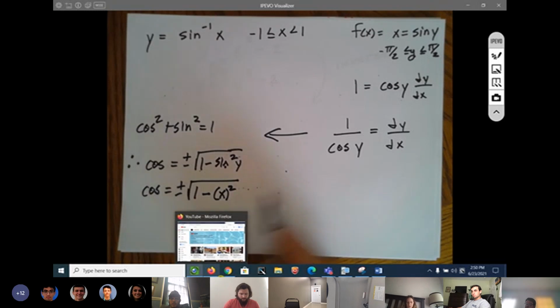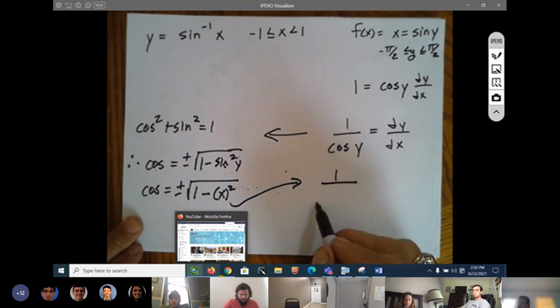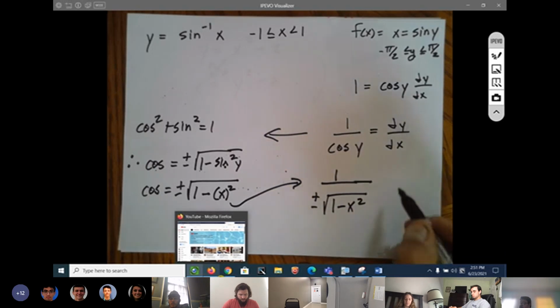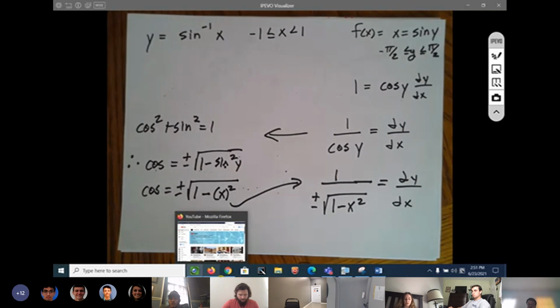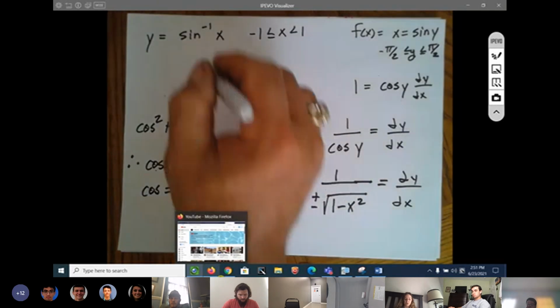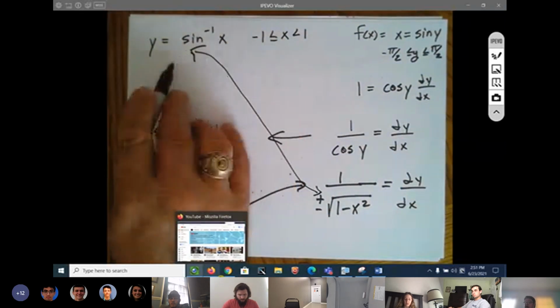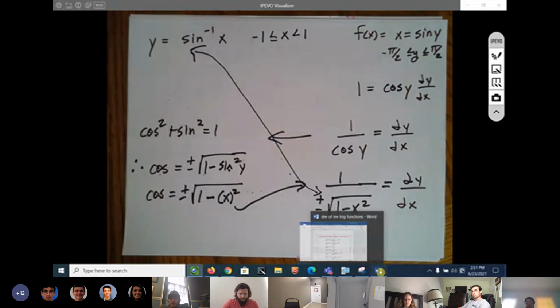So therefore we can take this and that would be 1 over positive or negative square root of 1 minus x squared is equal to dy over dx. And that's how we get from there to this with your derivatives.